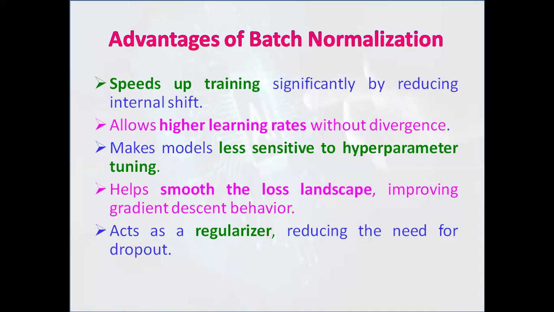Furthermore, it smooths the loss function, improving the behavior of gradient descent and helping the model find better minima. In many cases, batch normalization can also act as a regularizer, reducing the need for dropout and other regularization methods and improving generalization.